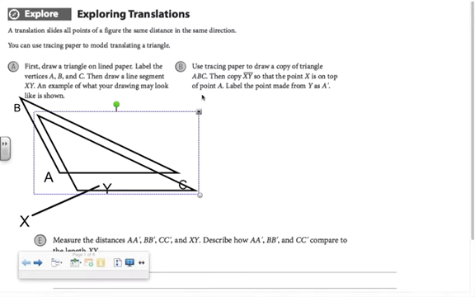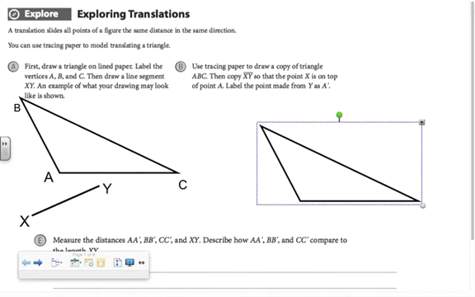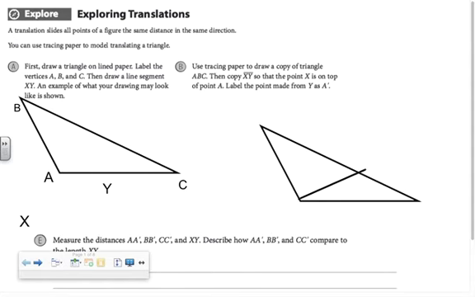So I've made a copy of triangle ABC, and it says copy XY so that the point X is on top of point A. So here's my tracing paper triangle, and I'm going to take this segment and bring it over until X is on top of A. So here's A, B, C, and this is also X, Y. And it says label the point made from Y as A prime.